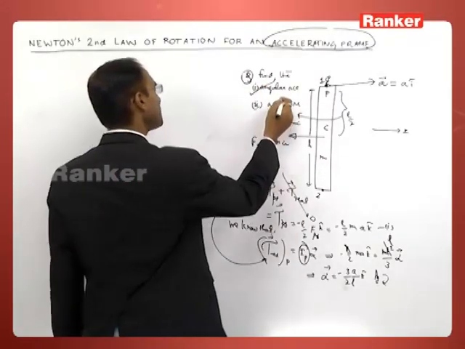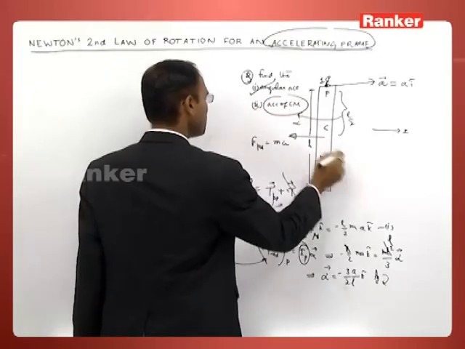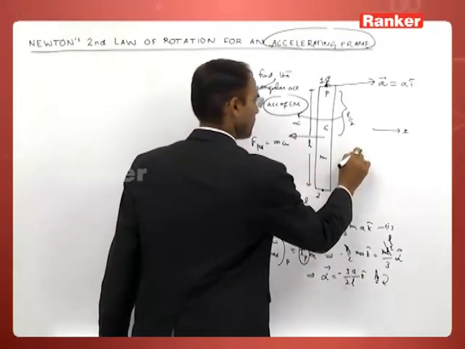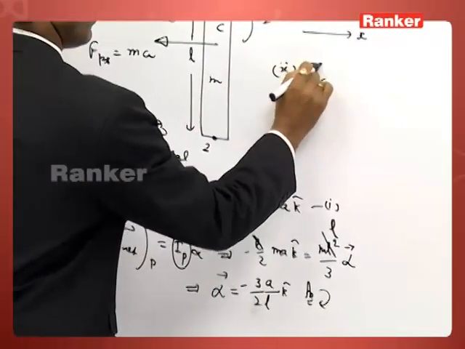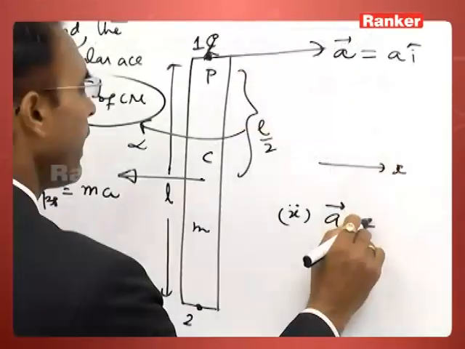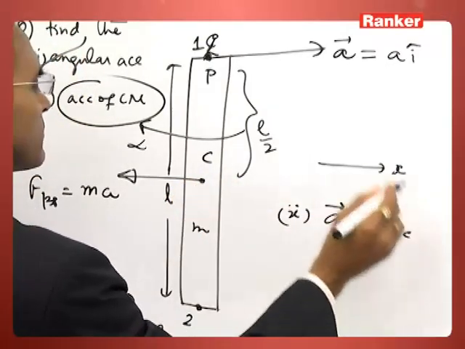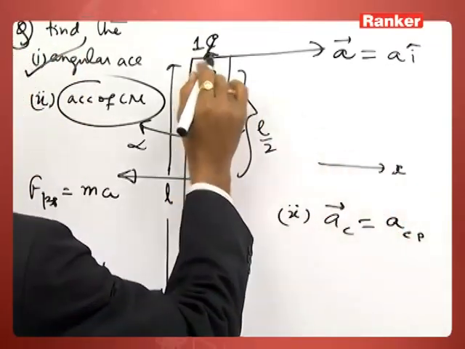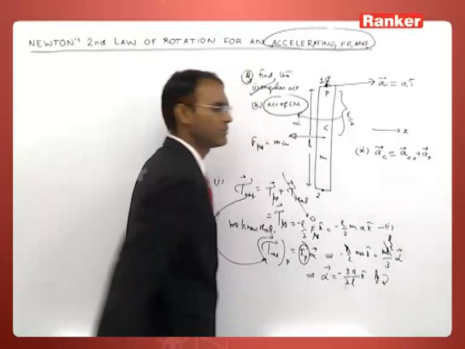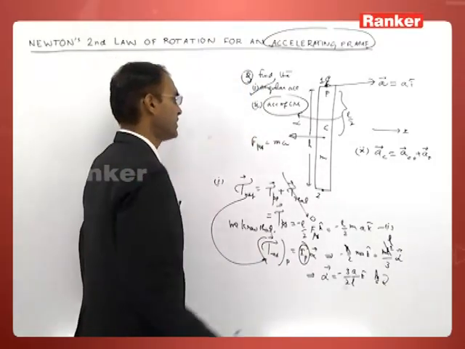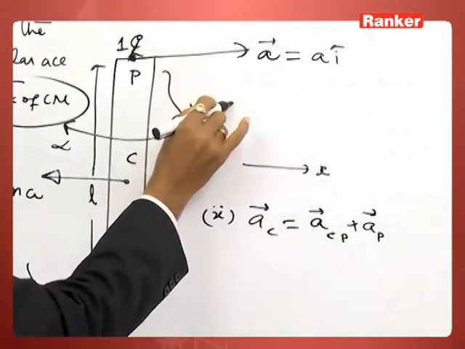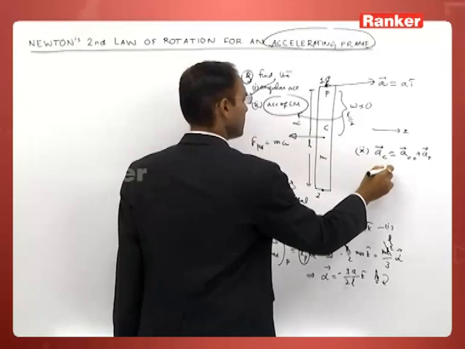How to find the acceleration of the center of mass? Acceleration of the center of mass with respect to ground is equal to acceleration of the center of mass with respect to the point P plus acceleration of this point P. The center of mass acceleration with respect to this point, if the omega initial is 0, it will be in this direction.